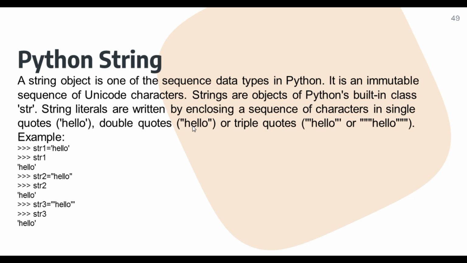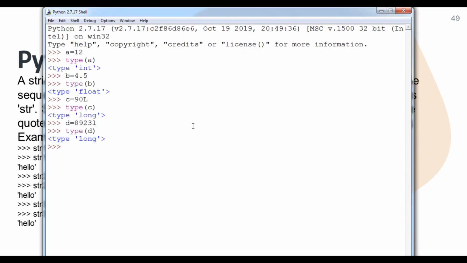So let's do it practically, student. Suppose I have a variable s equals h within single quotes; it is considered a string. I type type(s), and you can see str, that is string. Same thing, s1 equals h within double quotes, it will also be considered a string.